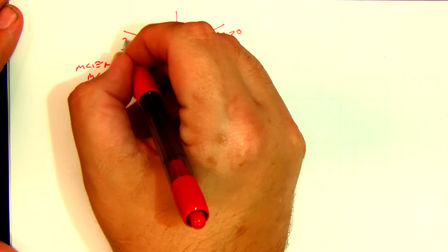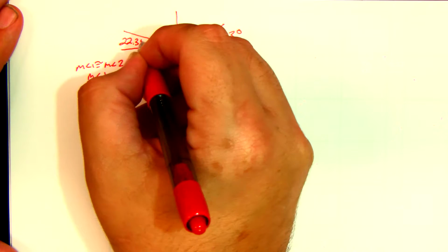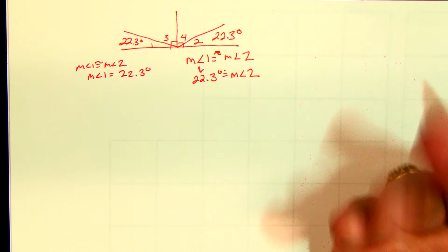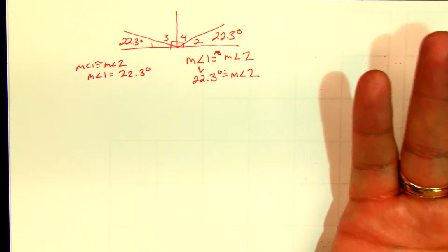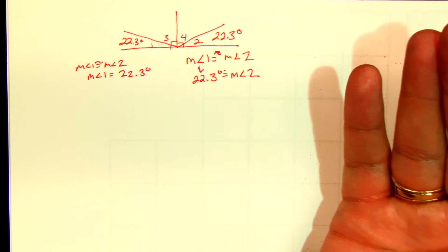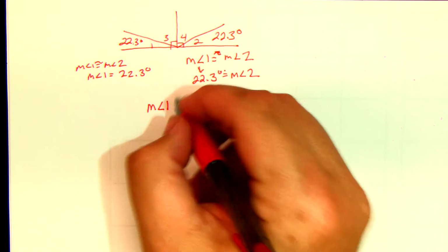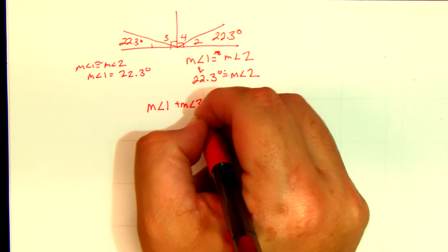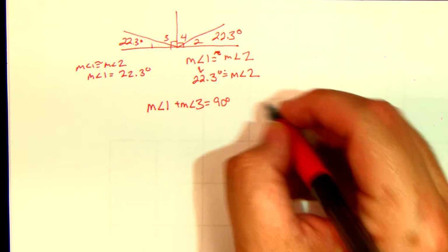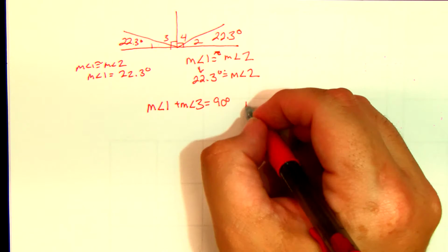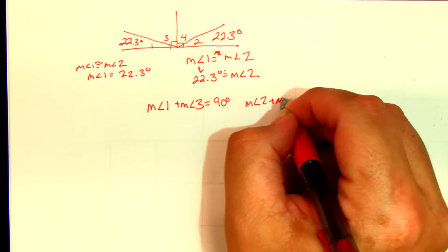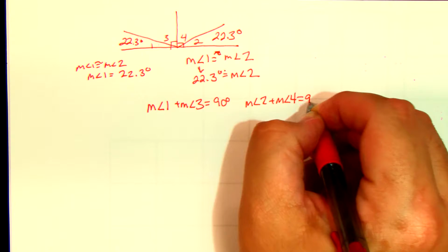That guy's 22.3 degrees. Now, what do I know about complementary angles? What if I add them together? They equal 90 degrees. So the measure of angle 1 plus the measure of angle 3 is equal to 90 degrees. Then there's another set. Measure of angle 2 plus the measure of angle 4 is equal to 90 degrees.